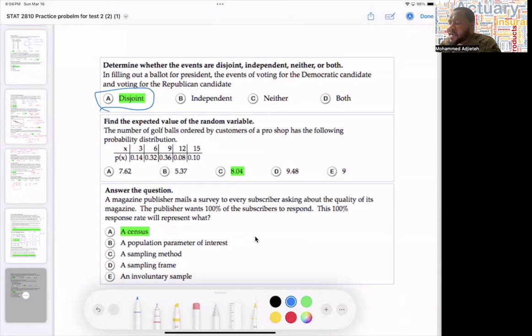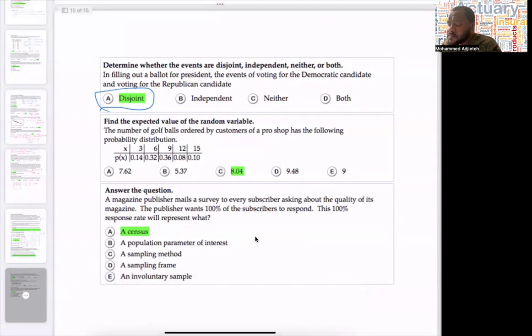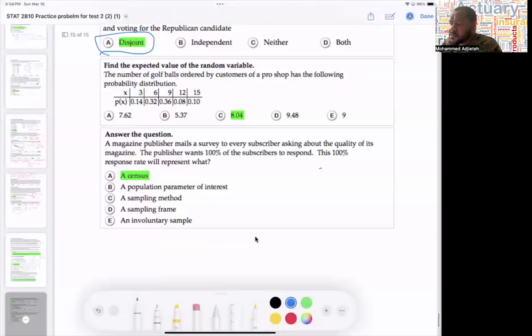We are asked to find the expected value of a random variable. So here we just want the expected value of the random variable. You could use Excel to do that. I have taught you that already, but since this is the expected value, I find that it's very easy to do by hand.